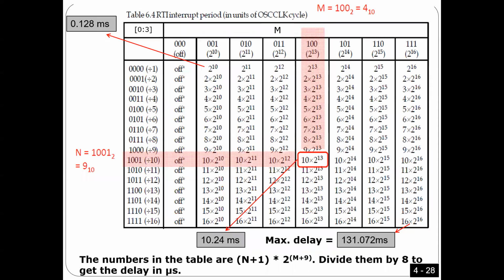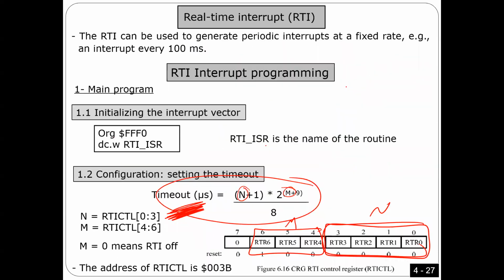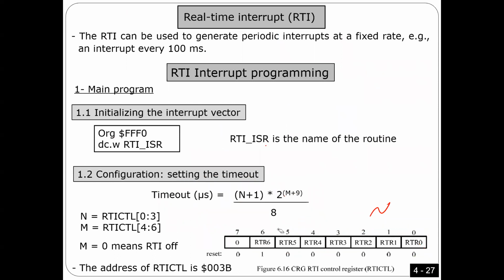As you see in this table, here for N, I put all the values, starting from 0000 until 1111. Here I put all the values for M, starting from 3 zeros until 3 ones. So here I put all the possible cases. Okay. And what you can see here in the table is actually this part of the equation.